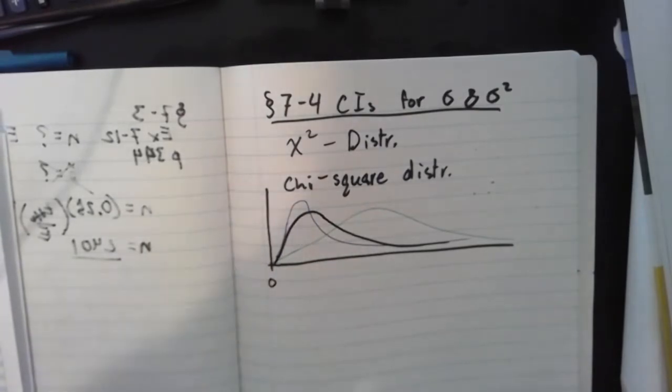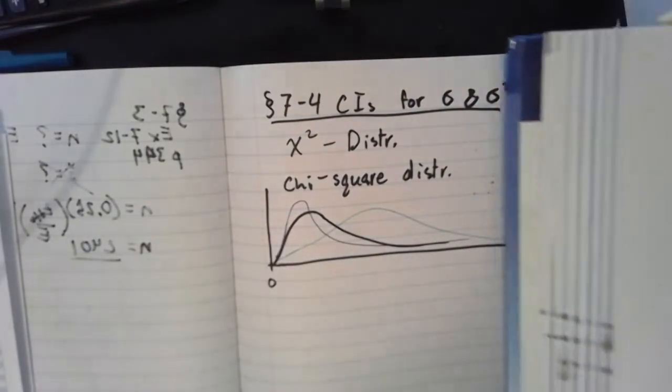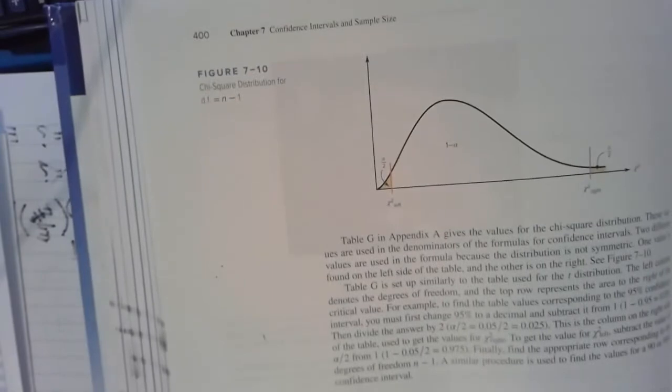Okay, so we'll go ahead and look up or perform basic things with our chi-square distribution. So we'll flip to this example over here.